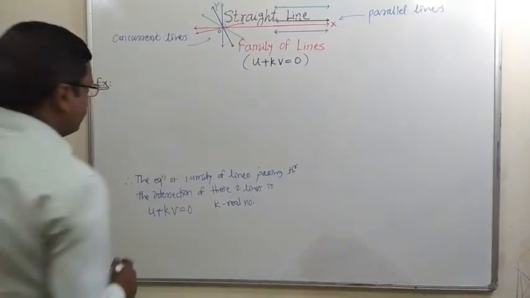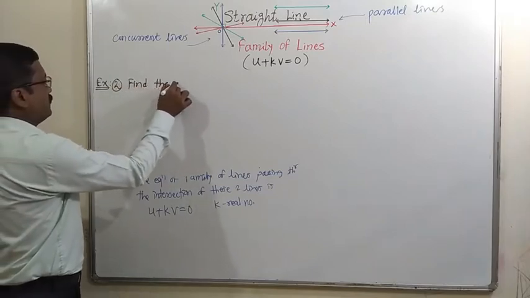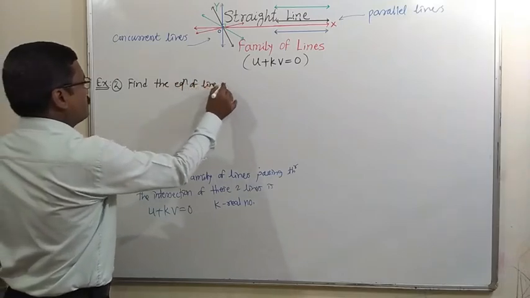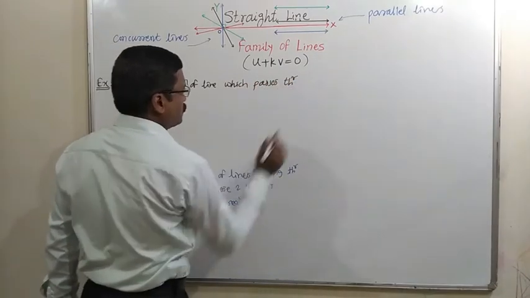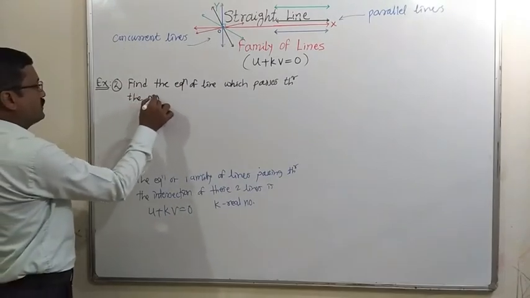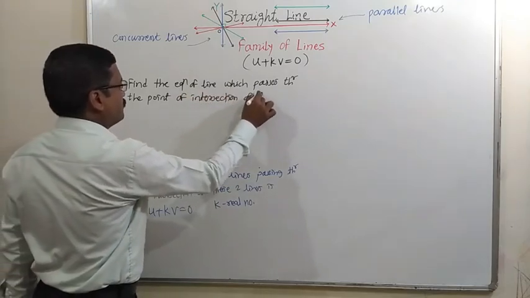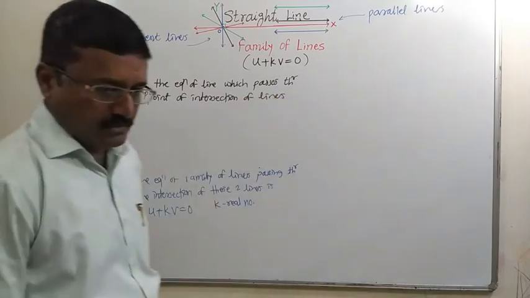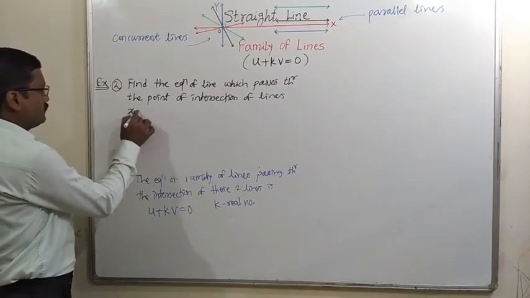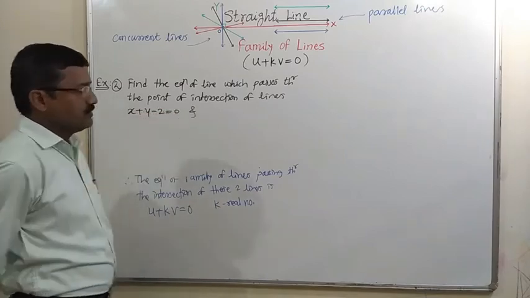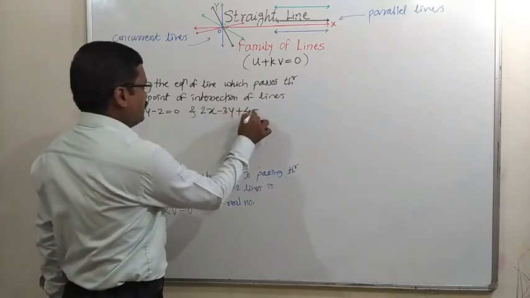Example number 2. Find the equation of line which passes through the point of intersection of lines x plus y minus 2 equal to 0 and 2x minus 3y plus 4 equal to 0.